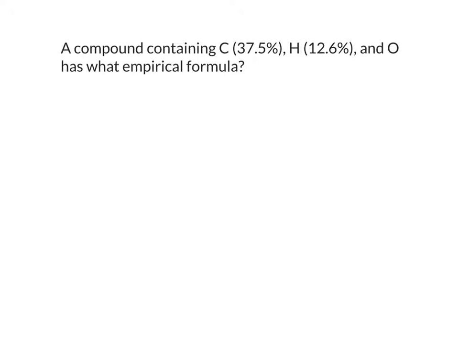And we're going to remember that our percentages have to add up to 100. So 100% has to equal 37.5 plus 12.6 plus whatever the percent oxygen is. So I can find percent oxygen by difference.